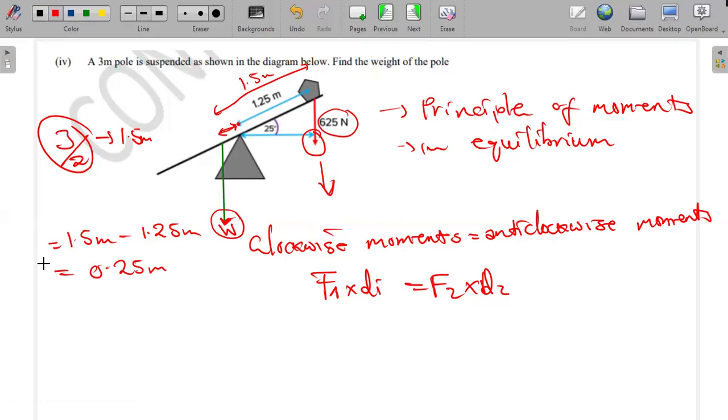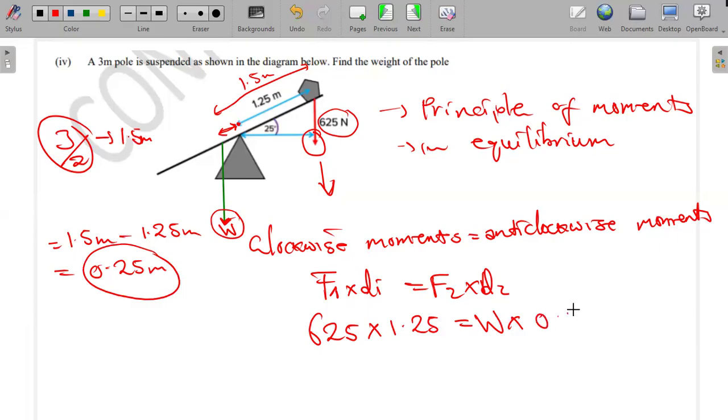So I'll just plug that data in. I have 625 multiplied by 1.25, being equal to force 2, which is the weight of the beam, multiplied by the distance from the pivot, which is 0.25 meters.